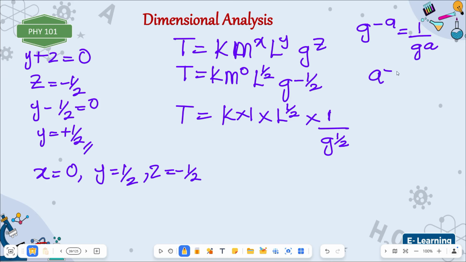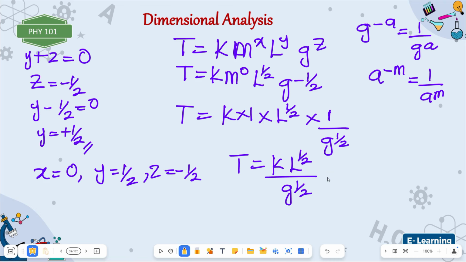So if you have a to the power of minus m, you can also write it as a to the power of what? 1 over a to the power of m. So that's what we did here. g raised to the power minus half, we can write it as 1 all over g raised to the power of half. All right. So finally, T will be equal to K times L raised to the power of half divided by g raised to the power of half.